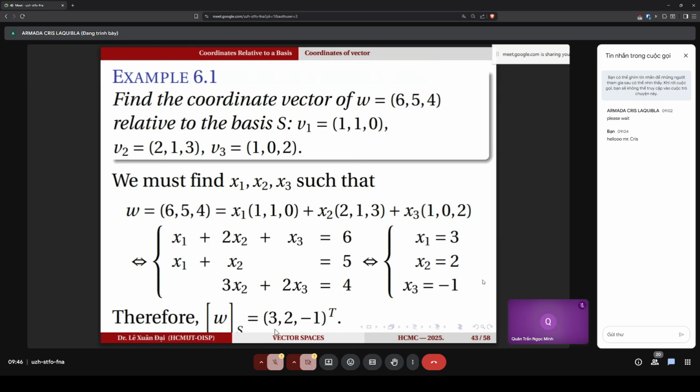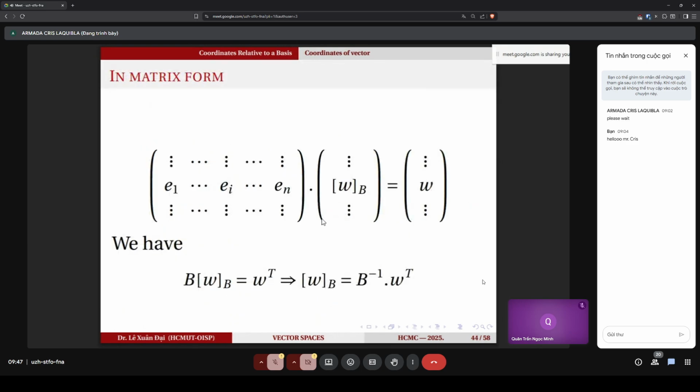Then just arrange it. So 3, 2, negative 1 and then write T there. And that's it. This is now your coordinate vector. Next, we have this. In matrix form, class, you multiply this with your coordinate vector and you can get the W. Okay, and we have that B times the coordinate vector is equal to W transpose.